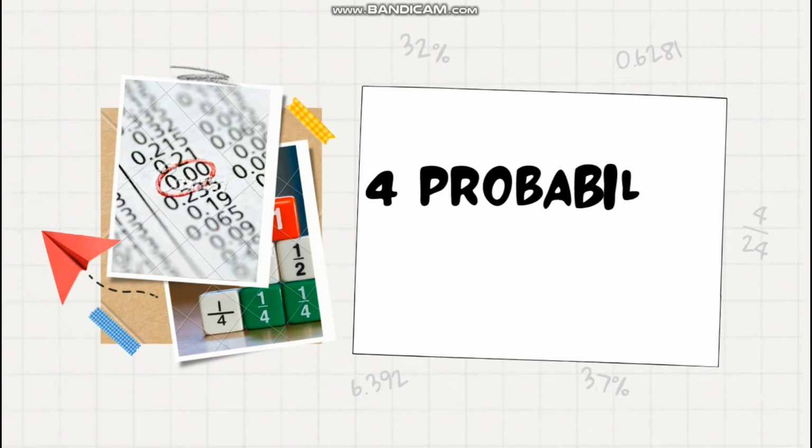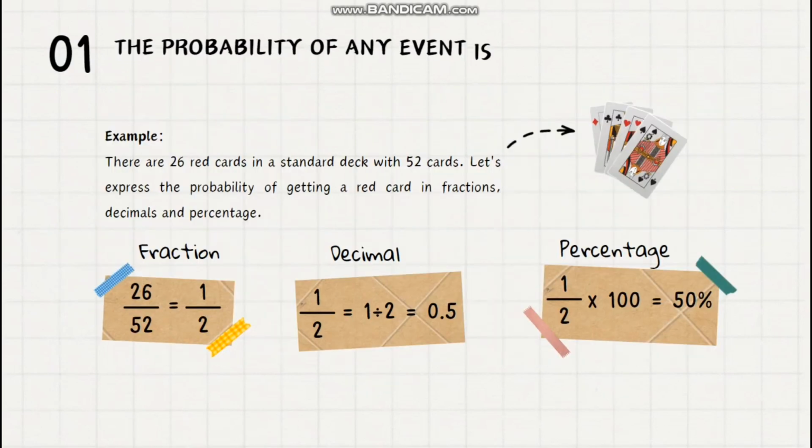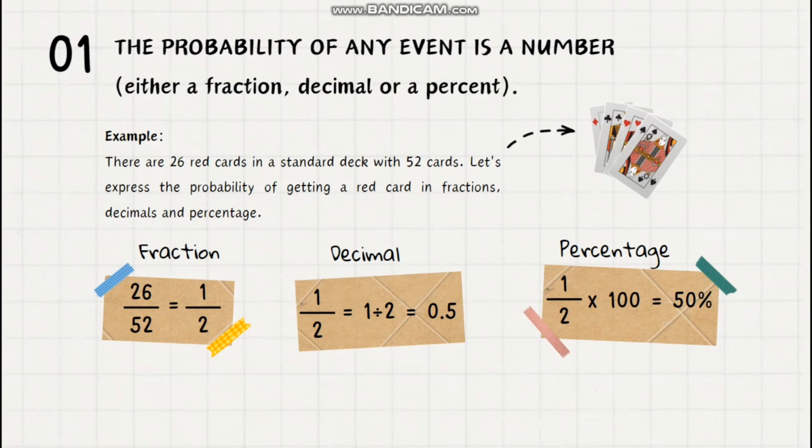And now let's have the 4 probability rules. First, the probability of any event is a number, either a fraction, decimal, or a percent. For example, there are 26 red cards in a standard deck with 52 cards. Let's express the probability of getting a red card in fractions, decimals, and percentage.